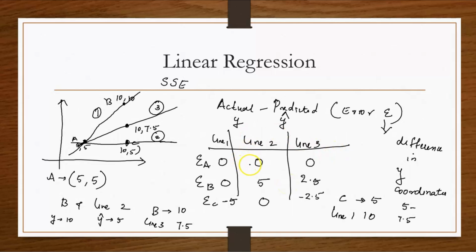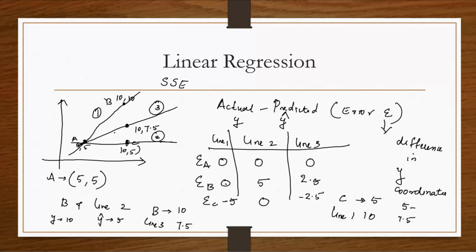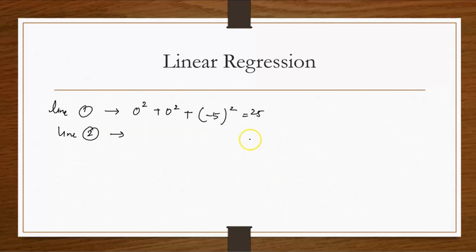For line 1, the errors are 0, 0 and negative 5, so squaring and summing gives 25. For line 2, the errors are 0, 5 and 0, so it is 0 squared, 5 squared and again 0 squared, which equals 25.